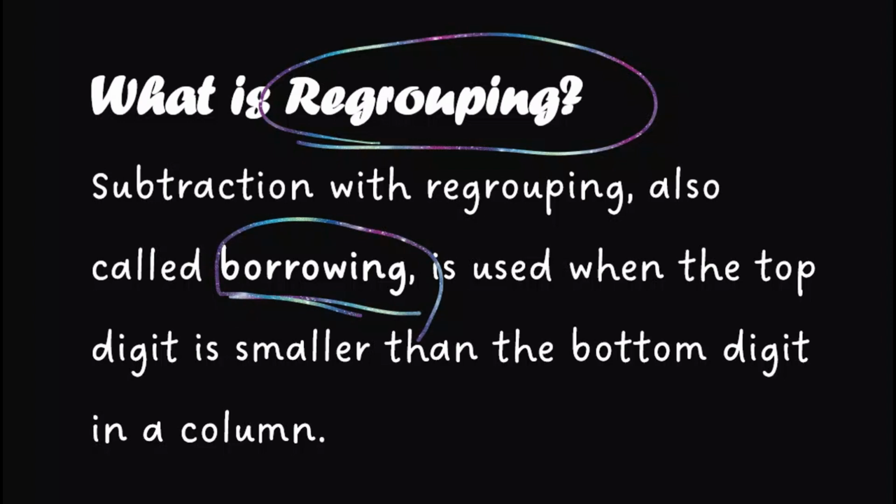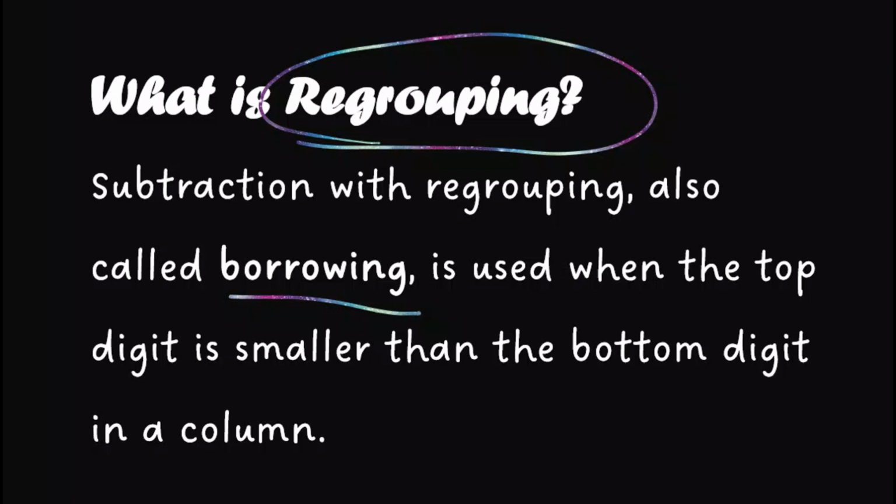When the digit you want to take away some number out of is smaller, and the bottom digit is bigger than the digit on the top, in that case the concept of regrouping and borrowing will be involved.